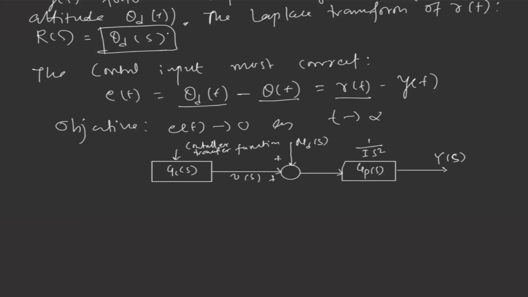And let's assume we have an onboard sensor on the aircraft sensing the current orientation of the body. This is my H(s), which we can say is the sensor transfer function.